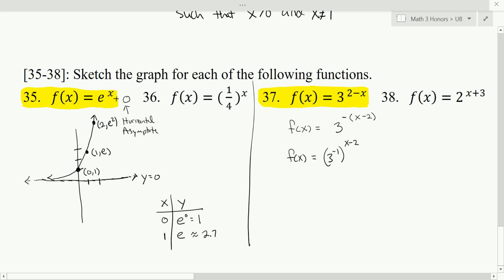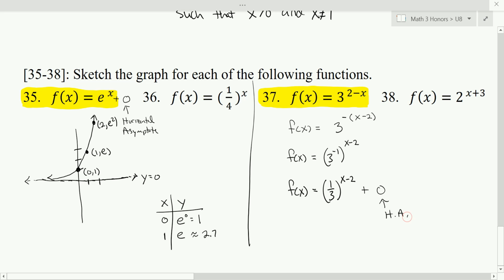So my 3 to the negative 1 is my base, and that's actually what? 1/3. So we had a little extra work to do at first, and now we're ready. What's my horizontal asymptote going to be? Still got a +0 over here, so my HA, horizontal asymptote, is going to be at 0.